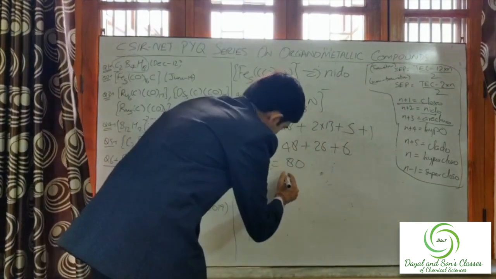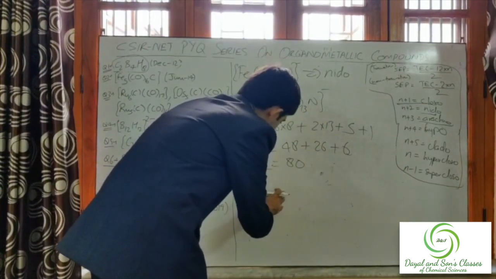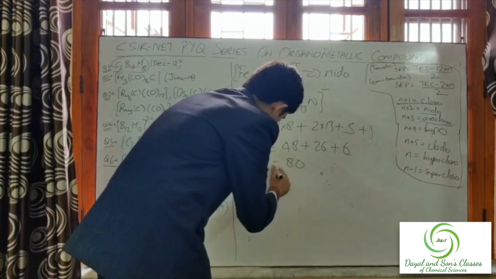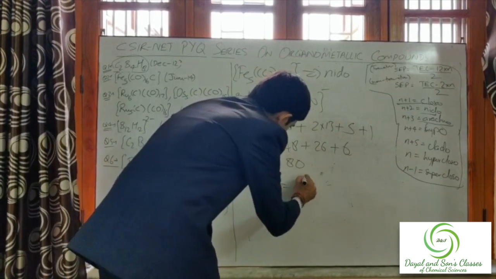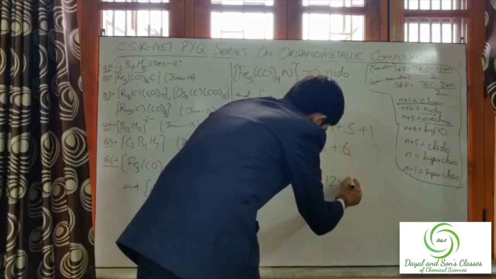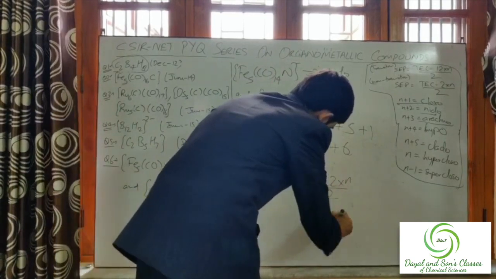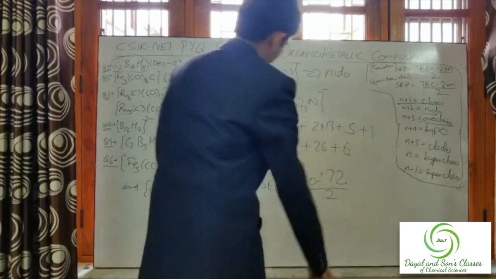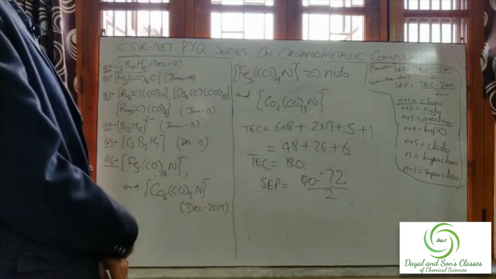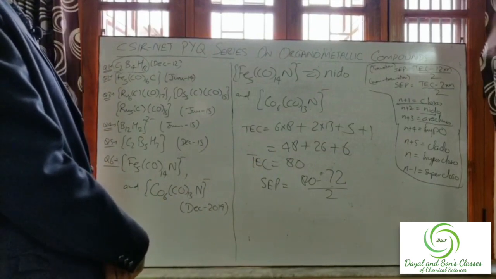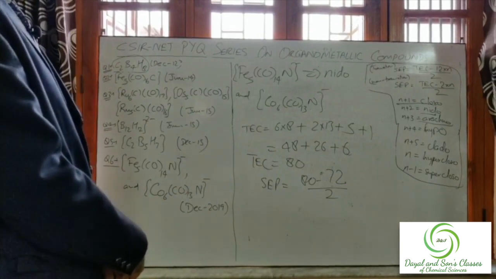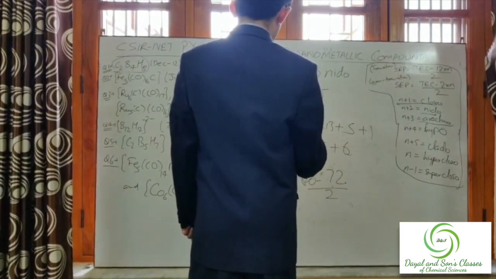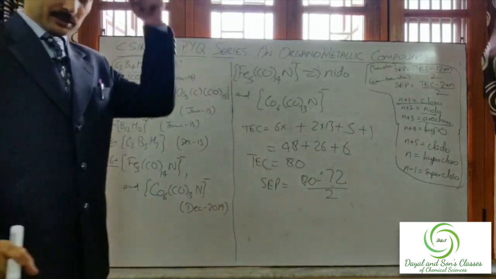Now what we will do is SEP is equal to 80 minus 12 into n divided by 2, n is here 6, means 72. Sorry, cobalt is not 8, my mistake.